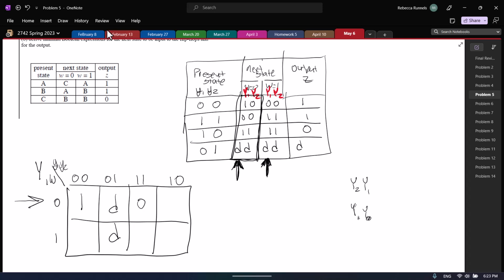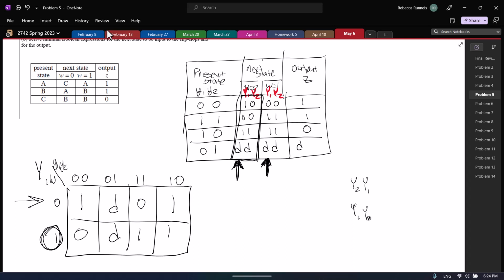And when W is 0 and my present state is 1, 0, y1 is 1. So now I'll go to my second column over here, and that corresponds to w being 1. When the present state is 0, 0, y1 is 0. When it's 1, 1, it's 1. And when it is 1, 0, it is also 1.